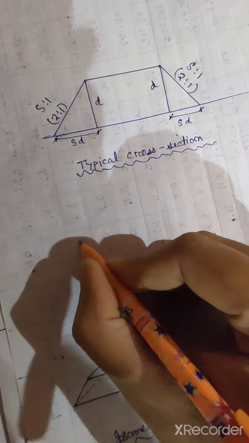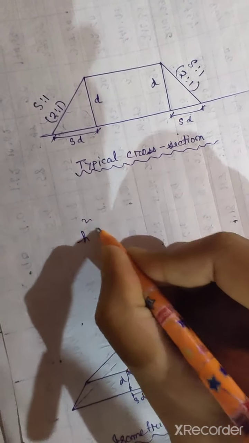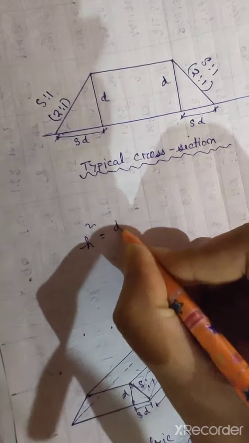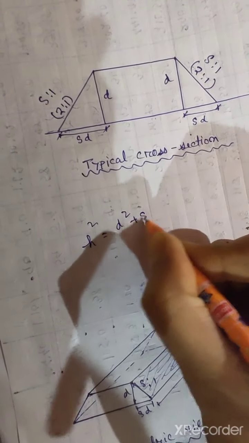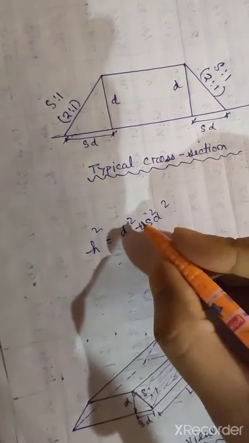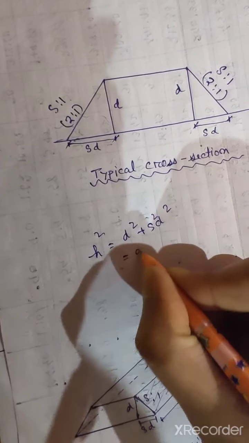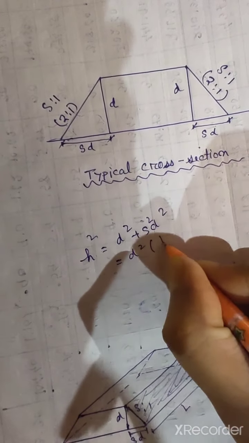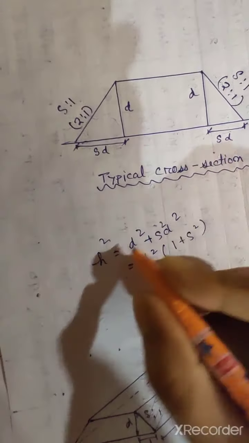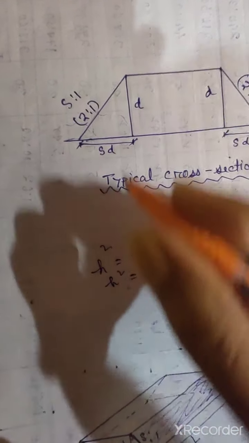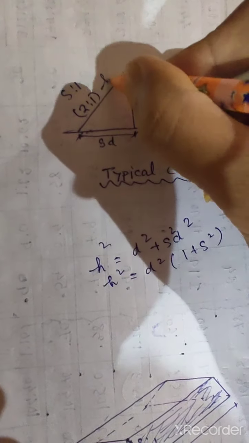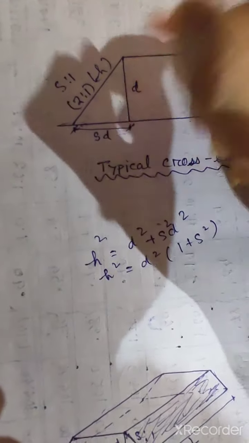Suppose the hypotenuse is h. It is nothing but d square plus s square d square, nothing else. Taking d square common, h square is equal to d square into 1 plus s square. This whole length is h, the hypotenuse.